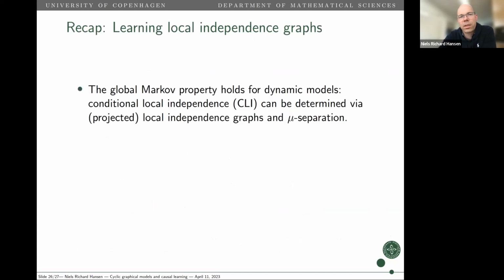So just as a small recap here on learning. We have the global Markov property, it holds for dynamic models. So conditional local independence can be determined by the projected local independence graphs and mu separation.